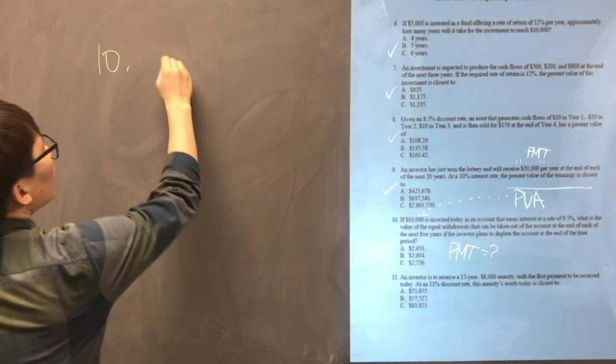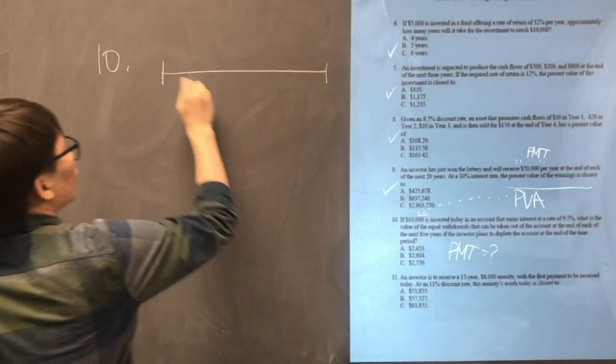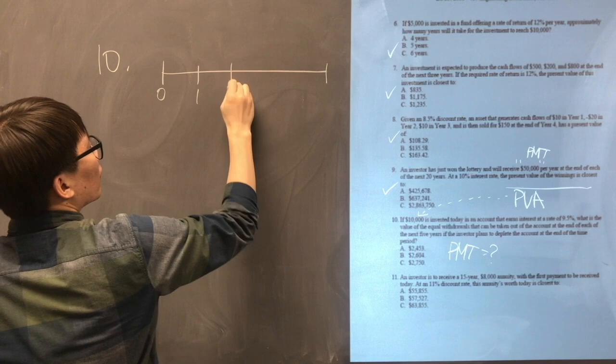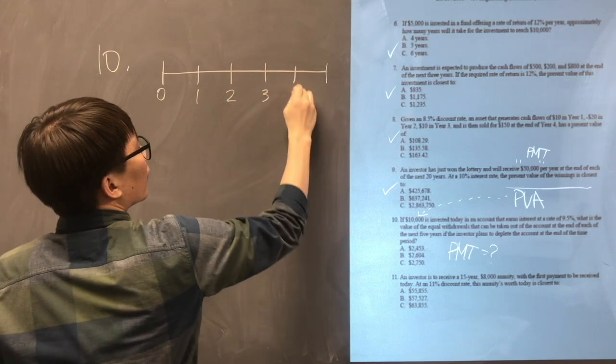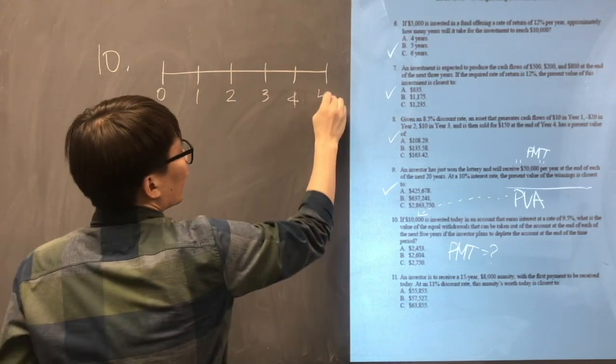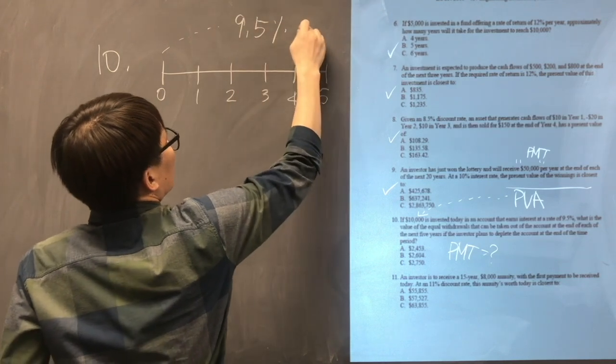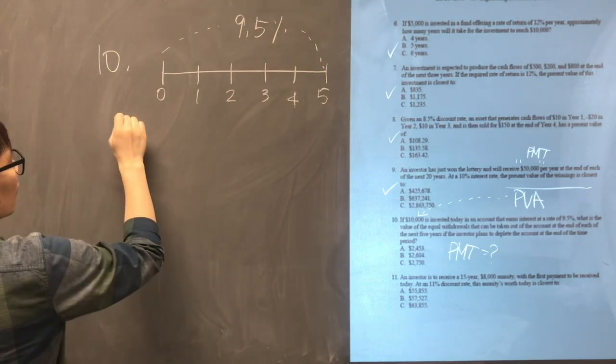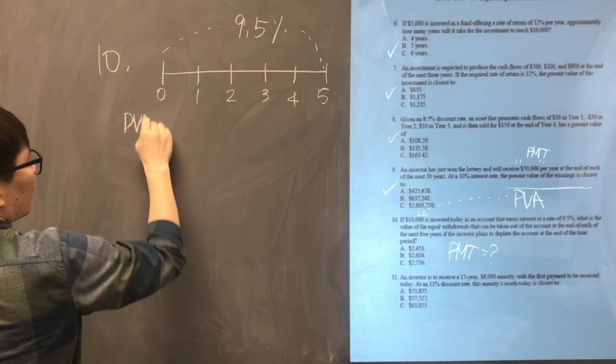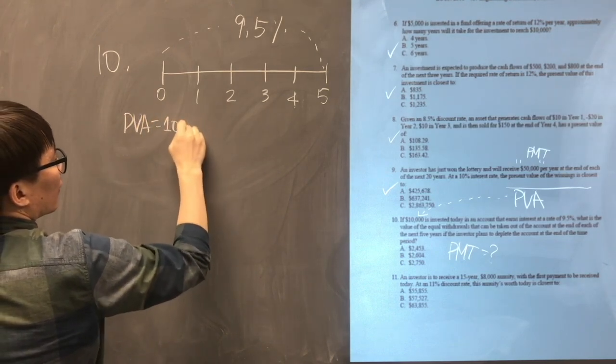So, just draw a timeline first. 0, 1, 2, 3, 4, and 5. Interest rate or discount rate is 9.5%. PV equals 10,000.